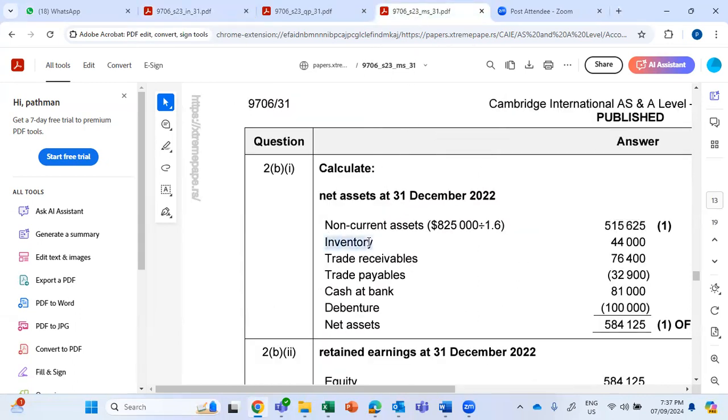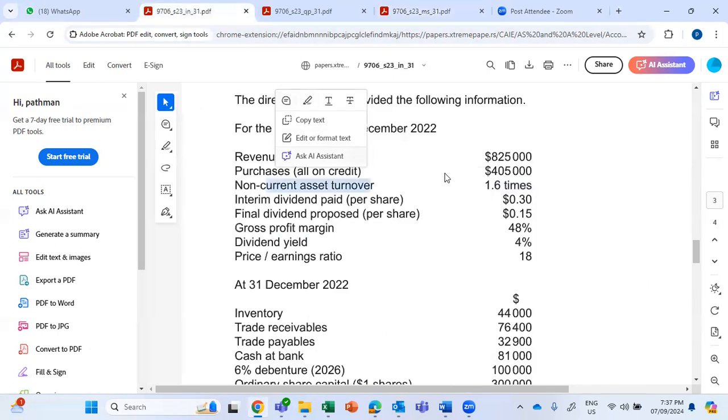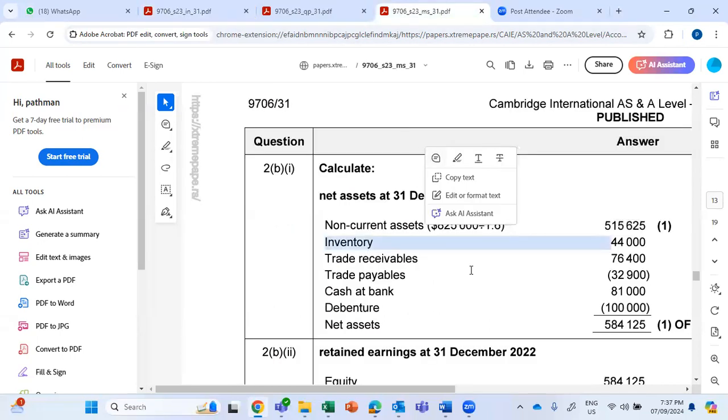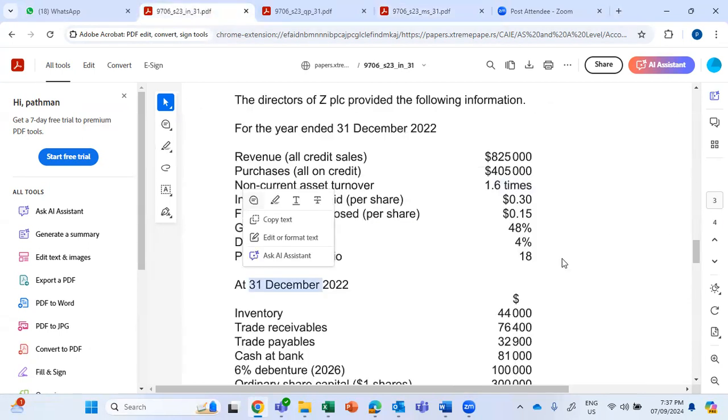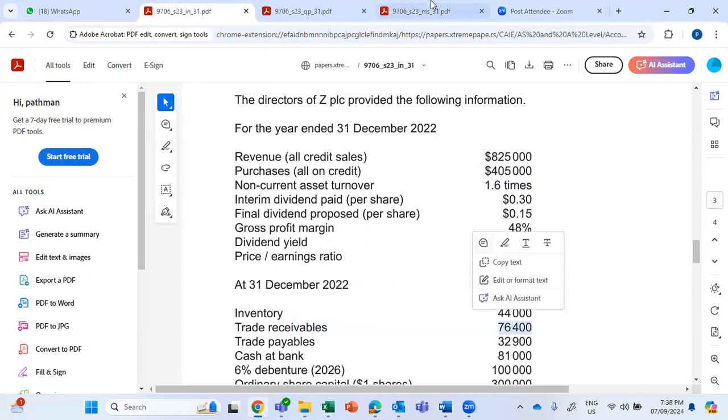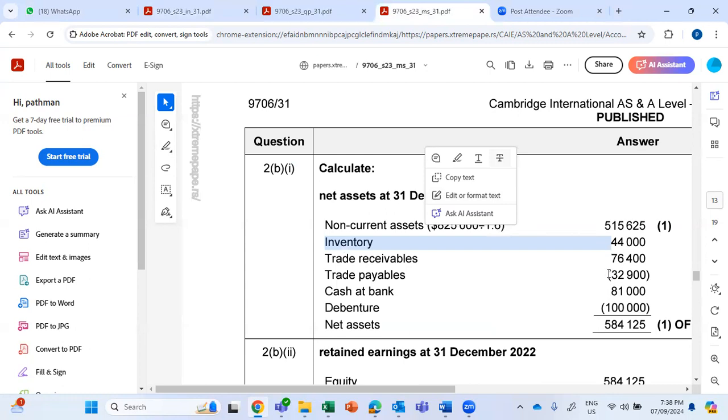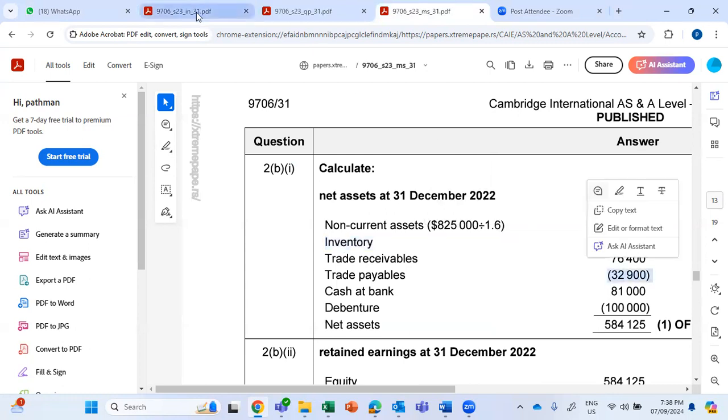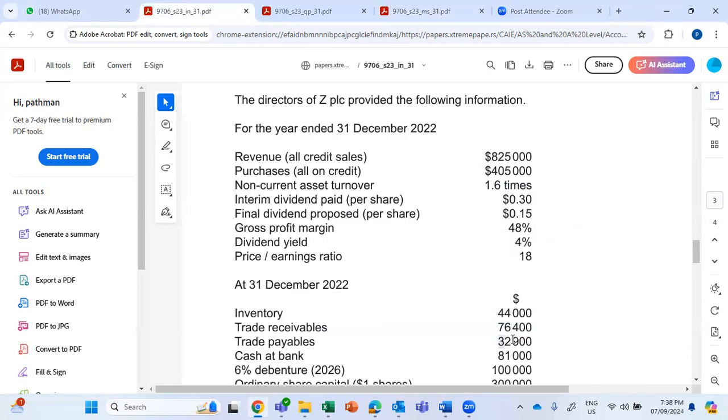Okay, next, inventory 44,000. Come from here, closing inventory. Yeah, because we want to calculate the net assets at 31st December. Okay, then trade receivable 76,400 from here. Trade payable 32,900. Okay, coming from here.